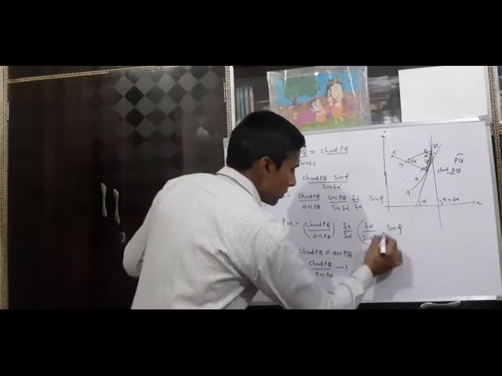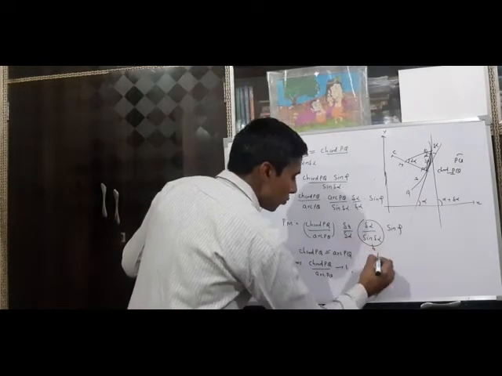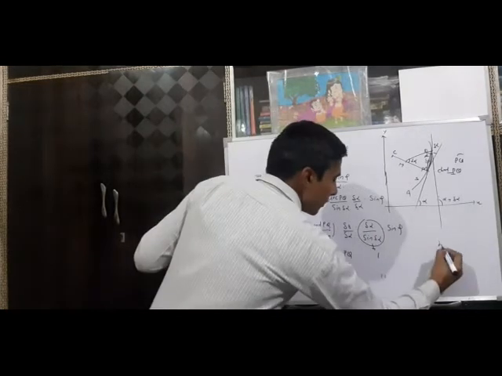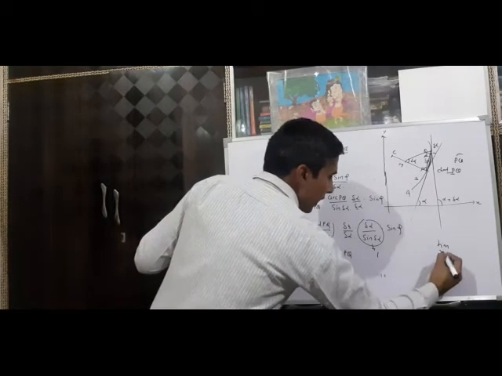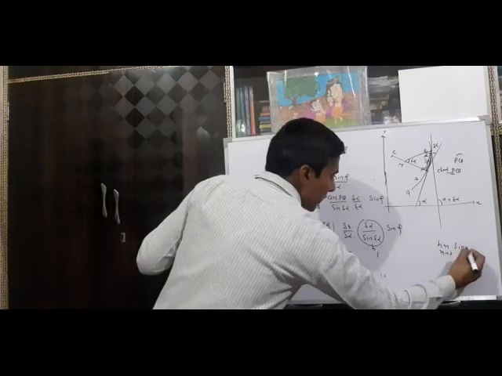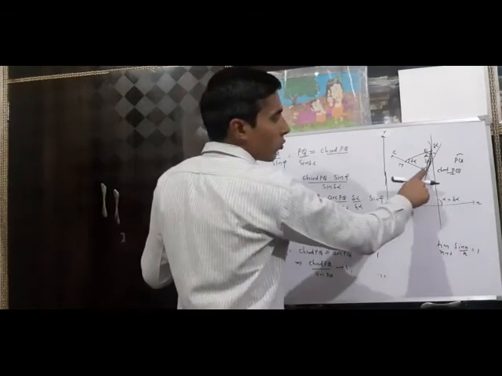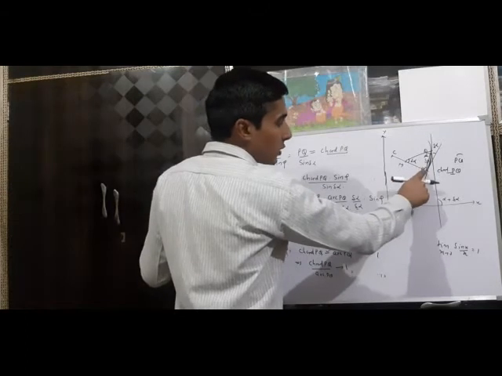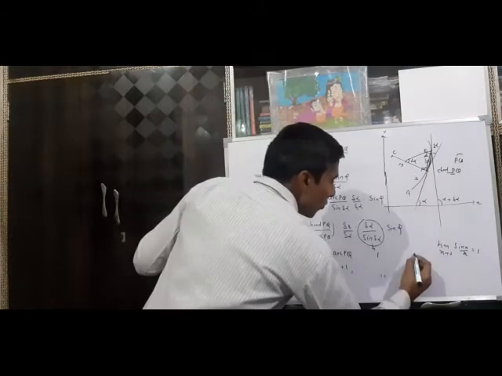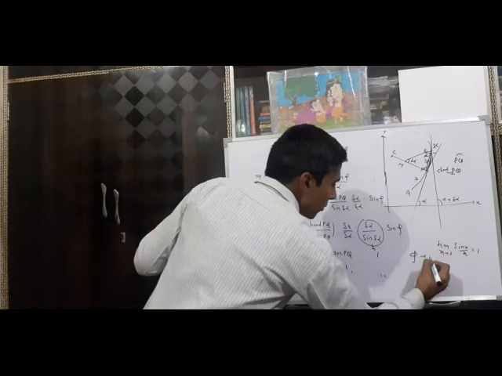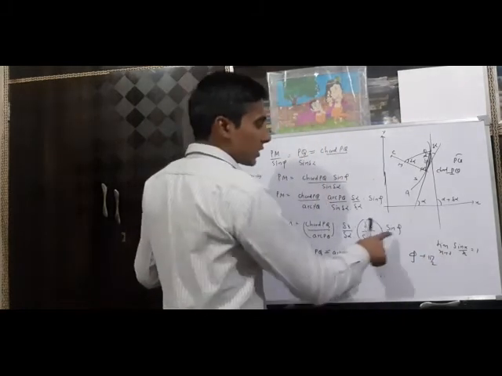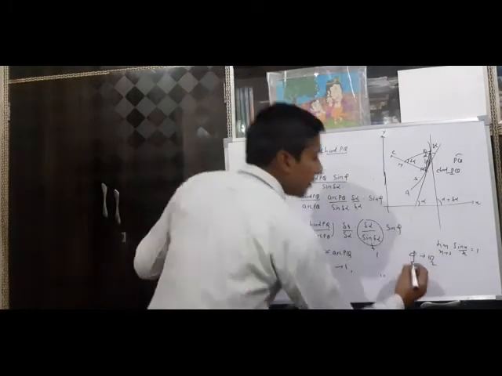Also this will go to 1, because limit x tends to 0, we know sin x upon x is 1. Also if Q approaches to P, then this angle is pi by 2, so this phi tends to pi by 2, and sin pi by 2 is 1.